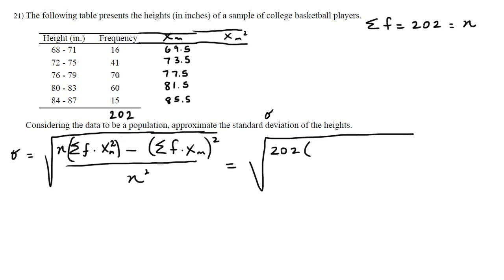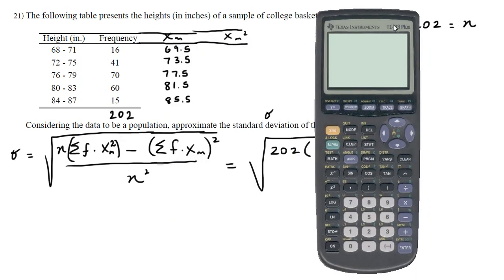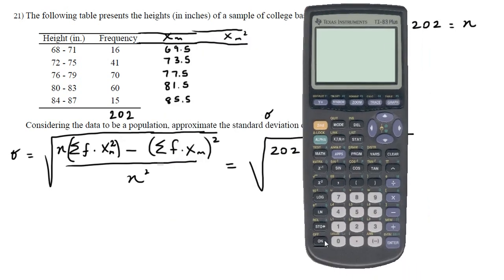Okay, I'm going to use my trusty calculator. So let's turn it on. 69.5 squared. Let me see how many I can do here without going to the next screen. 73.5 squared. 77.5 squared.